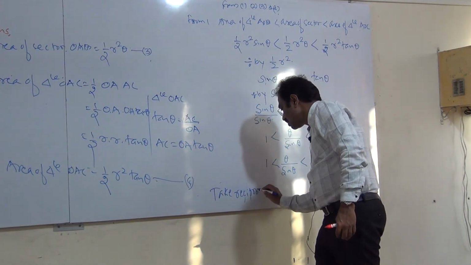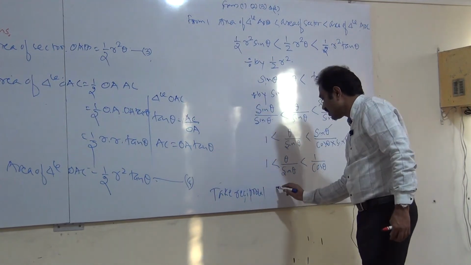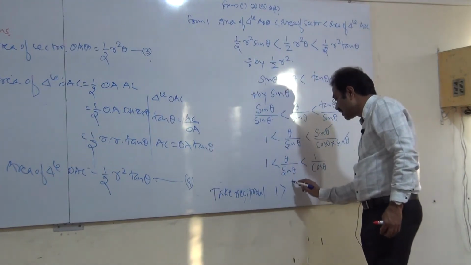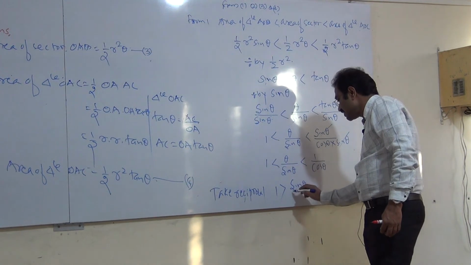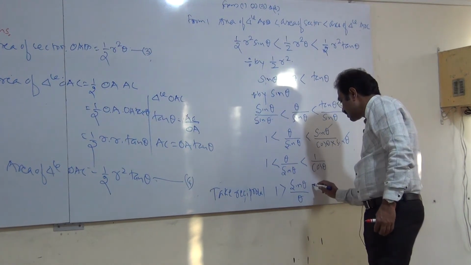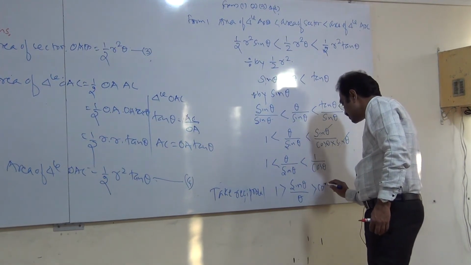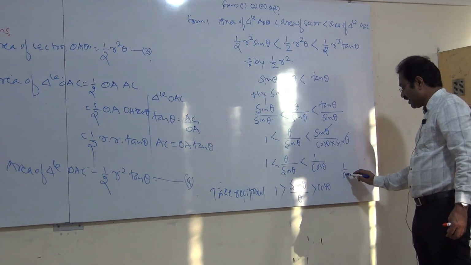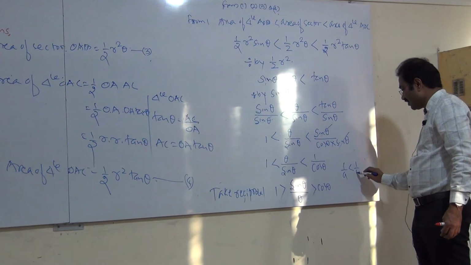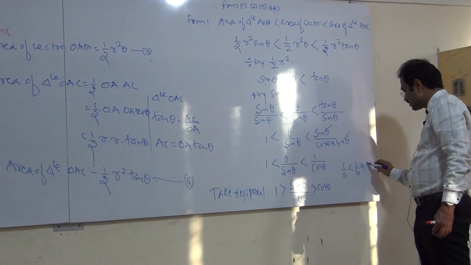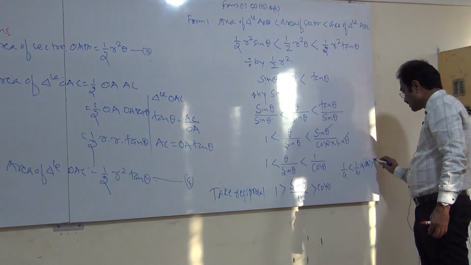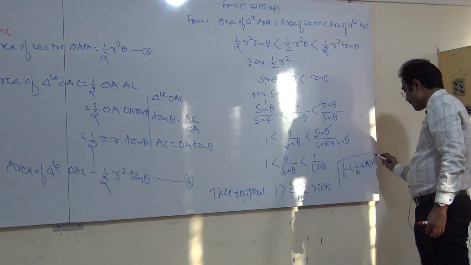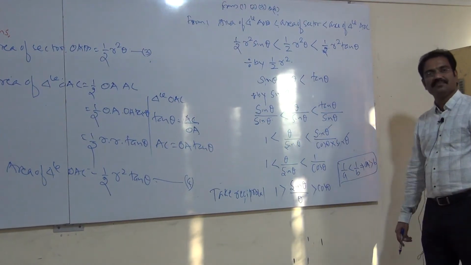If you take the reciprocal, 1 is greater than sin theta by theta greater than cos theta, because if 1 by A is less than 1 by B, then on taking the reciprocal, A is greater than B. This is the formula.